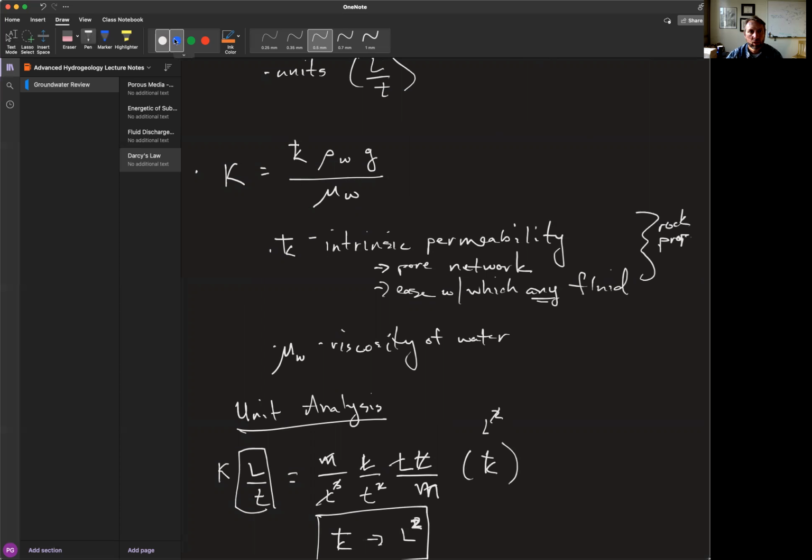So it's really only valid for water, whereas intrinsic permeability is valid for any fluid. Okay, so that is fluid flux, Darcy's law, and hydraulic conductivity and permeability.